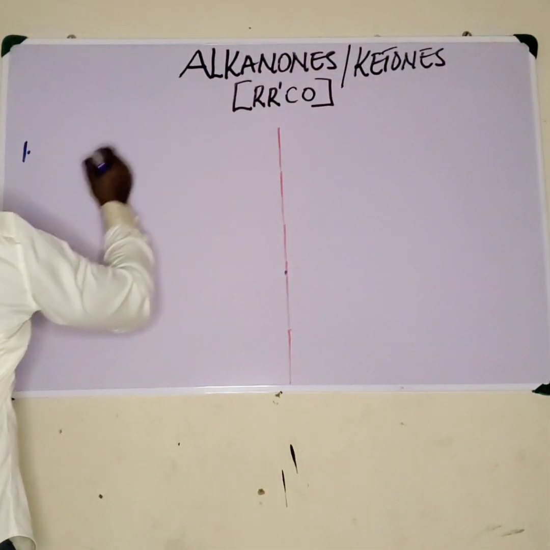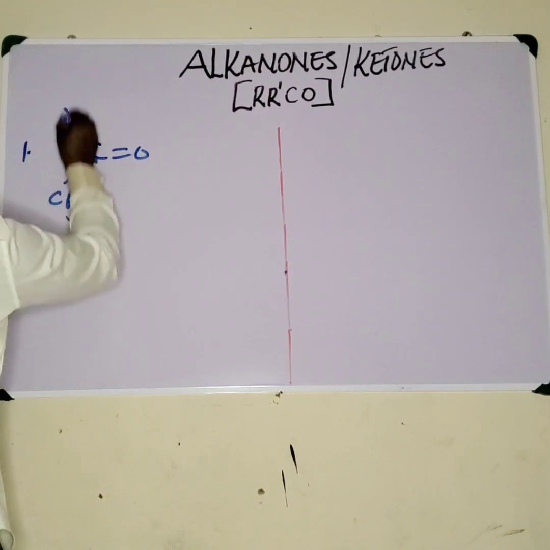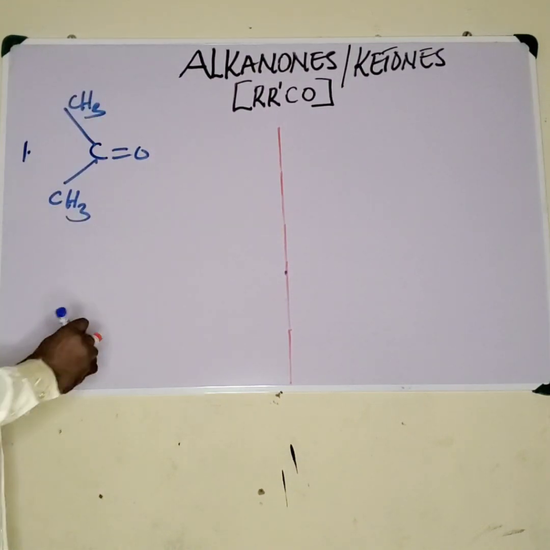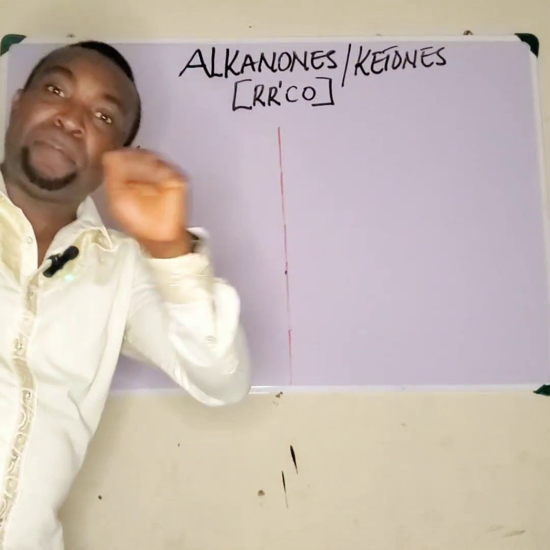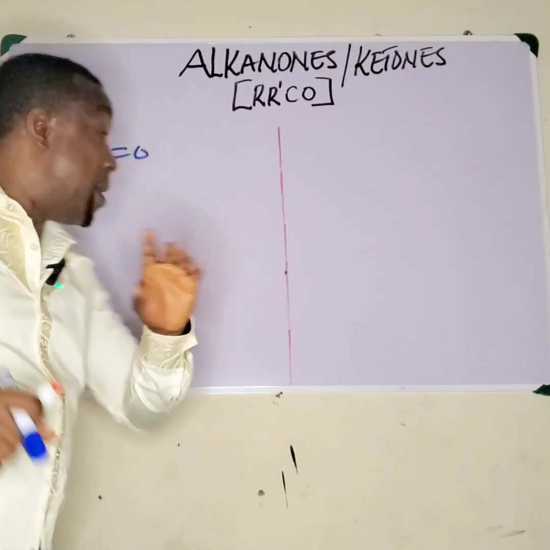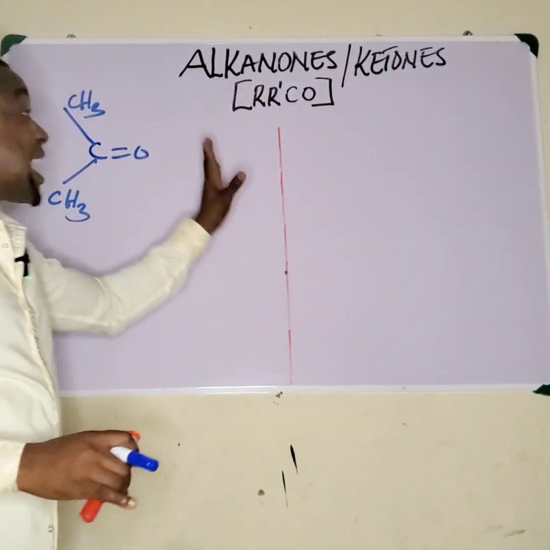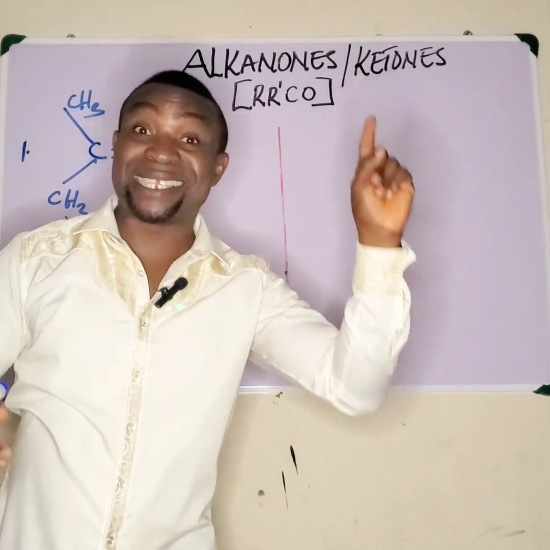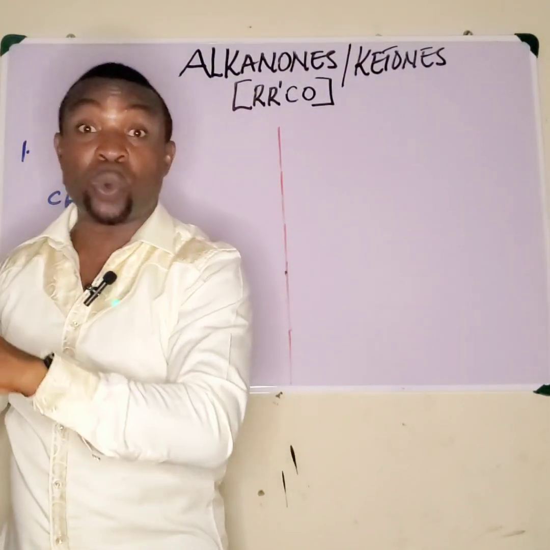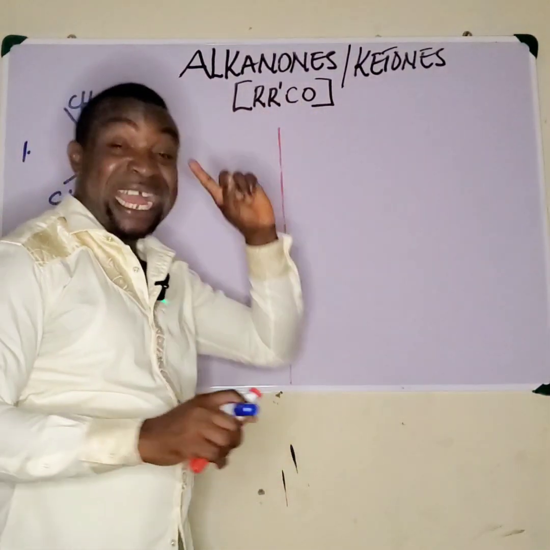Now the first member, remember that we have the double bond, which we cannot ignore. We have this because we have a double alkyl group or double phenyl group. So it simply means that the first group member will start from 3 carbon atoms. Remember, in alkanals, we started from 1 carbon atom, which is HCHO, which is methanal. Methanal is the first group member in alkanals.